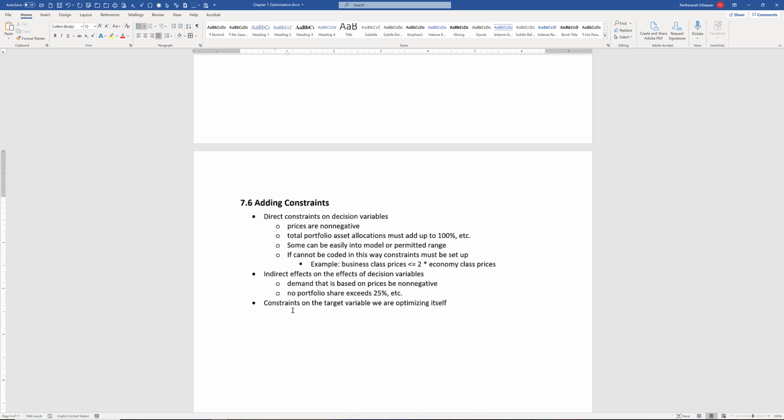What is the downside risk? How low can it go? You don't want it to go any lower than, at the 5% level, say $14,000 or something like that. So those are the kinds of constraints that we can add. Let's look at them one by one.